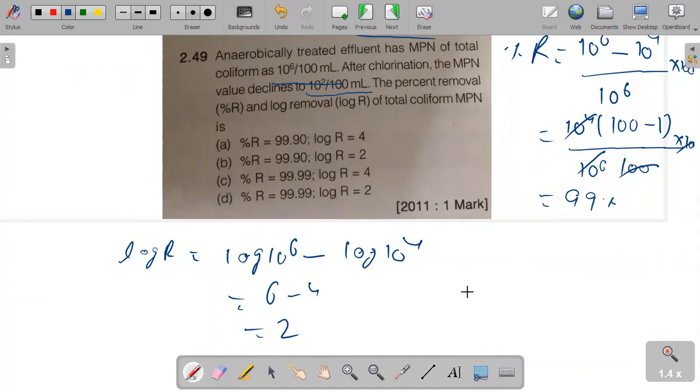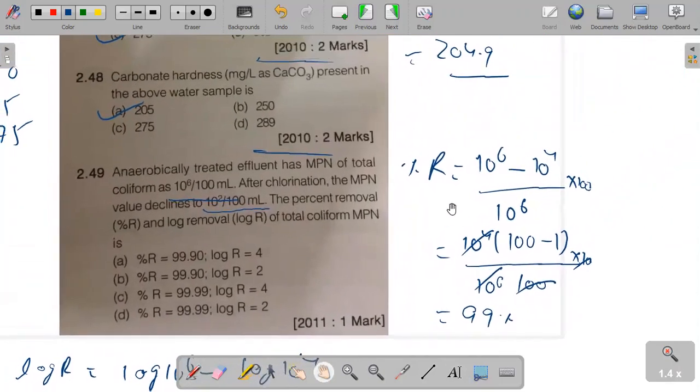Wait a second, is everything okay here? 10 to power 6 minus 10 to power 4. Give me a second, let me check once again. Percentage of 10 to power 6, we'll take 10 to power 4, 10 to power 2, 100 minus 1, which is 99.